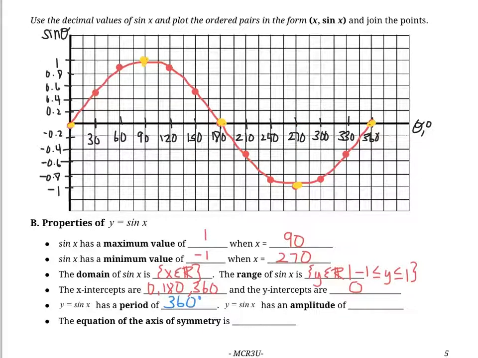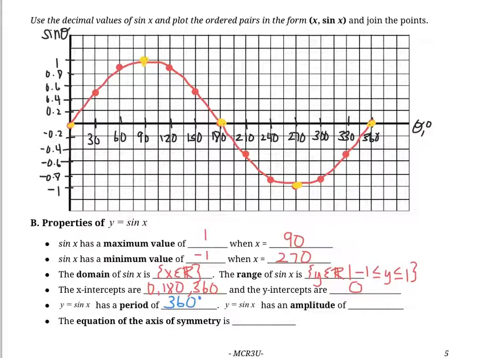To calculate that, let's first come up with the equation of our axis of symmetry. That's the line that cuts this graph exactly in half in terms of the y values. Visually, we see that it's the x-axis. Mathematically, we can calculate it by adding the maximum and minimum and dividing by 2. So 1 plus -1 is 0, divided by 2 is 0.